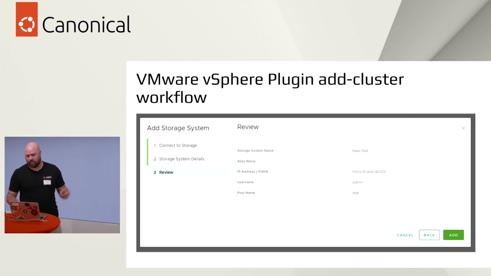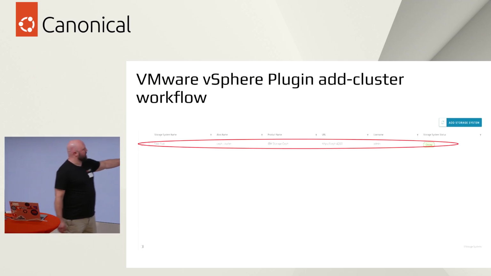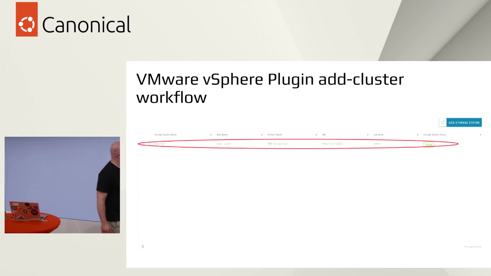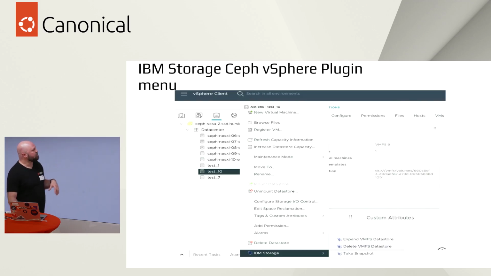It's just that easy. So here, this is just confirmation page. So we've got our alias, we've got alias name, product name is storage Ceph, URL, username and password, and then system is up. We like to see that online. And then you can add multiple systems, multiple Ceph clusters to vSphere environment.